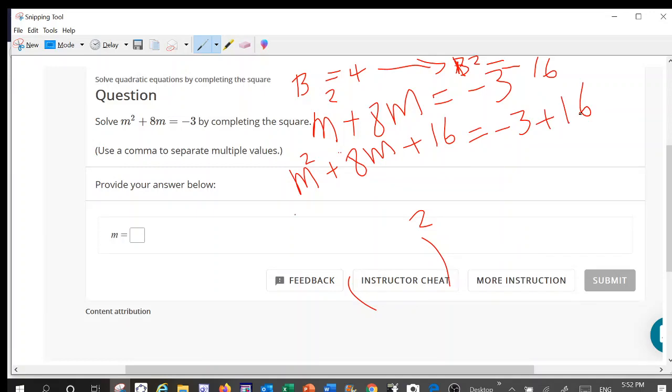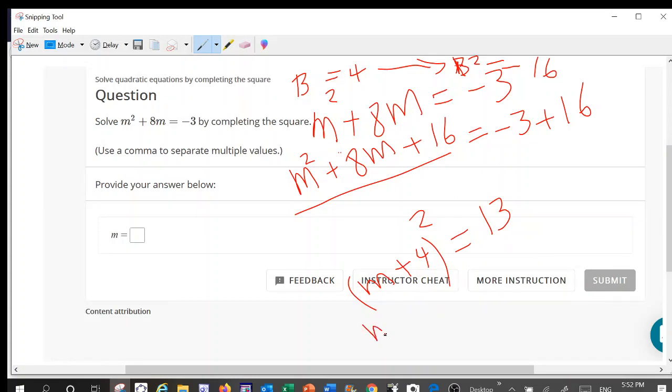Now I'm able to write this as what? M plus, because this is a plus, basically half of that, which is 4, squared equals to, what's negative 3 plus 16? Positive 13, right? Now it's something I can solve. All I have to do is take square root of both sides.